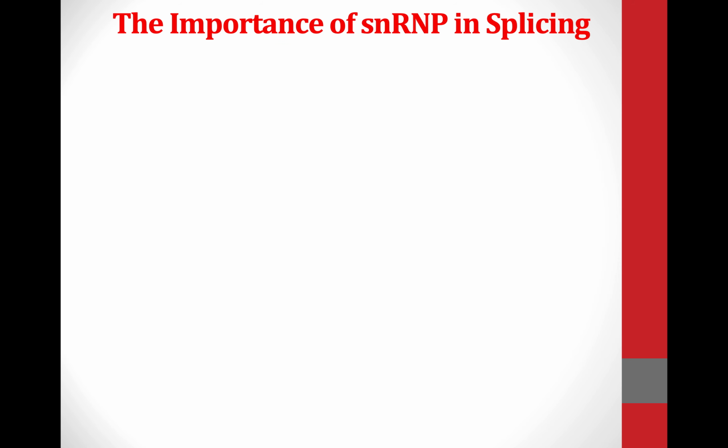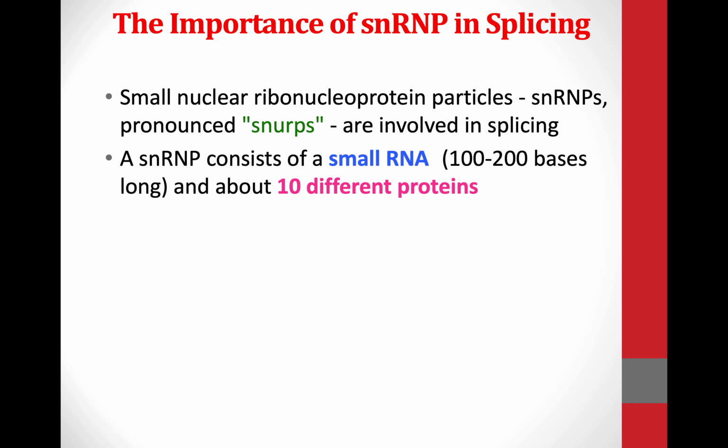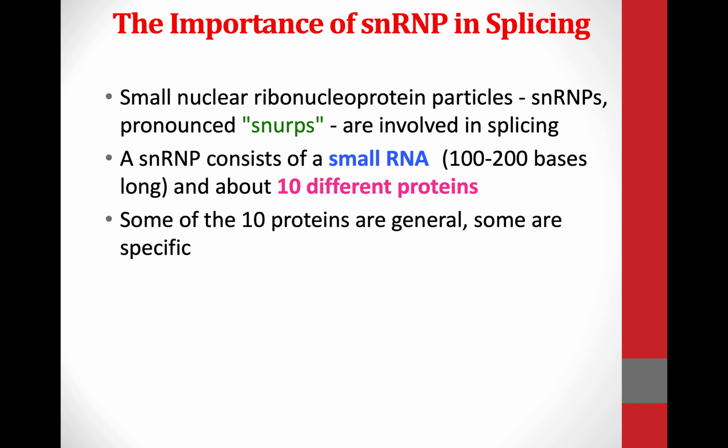Now, why is snRNP important in splicing? Because small nuclear ribonucleoprotein particles, or snRNPs, are needed for splicing. They are very small, consisting of small RNA of around 100 to 200 bases long, and about 10 different proteins between them.